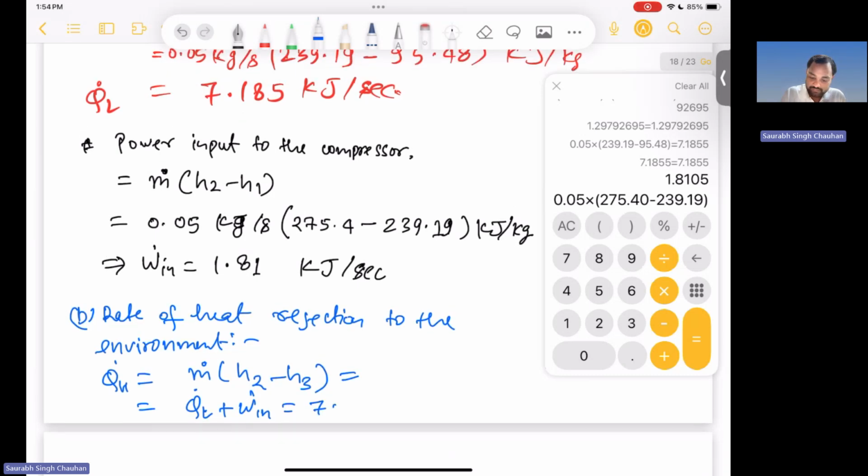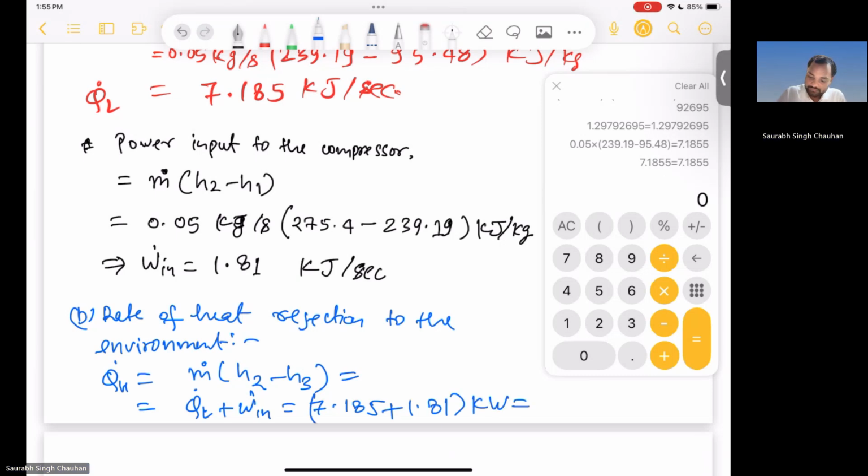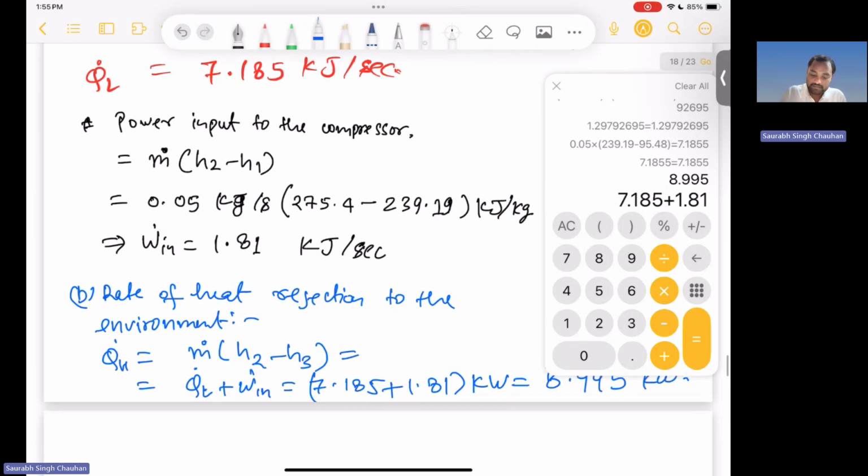So 7.185, this is heat removal rate, plus work input rate, 1.81, so 8.995 kilowatt.